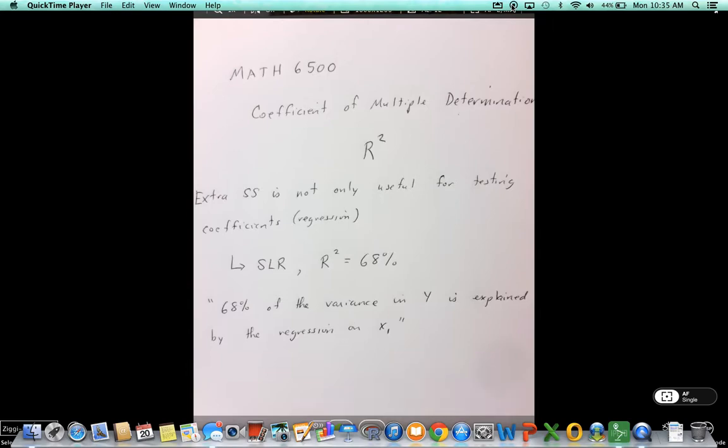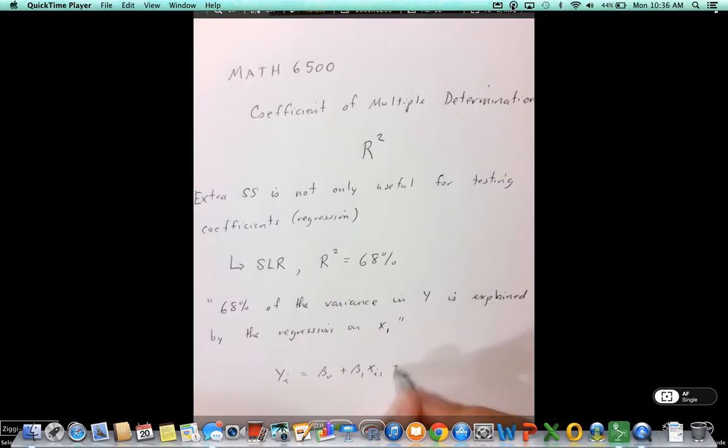And this is assuming that our full model is a single predictor model. It's simple linear regression.